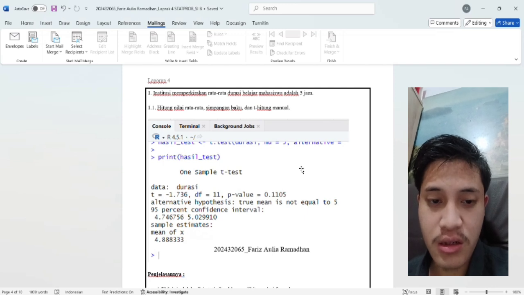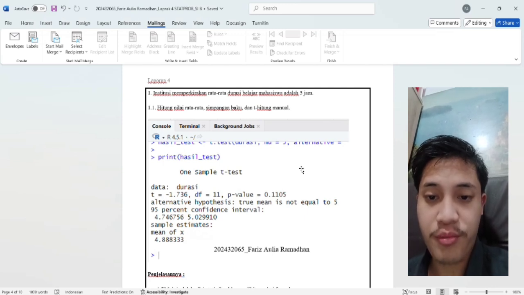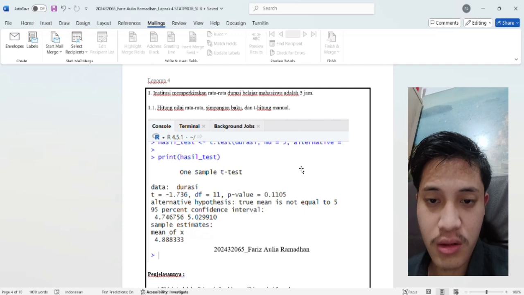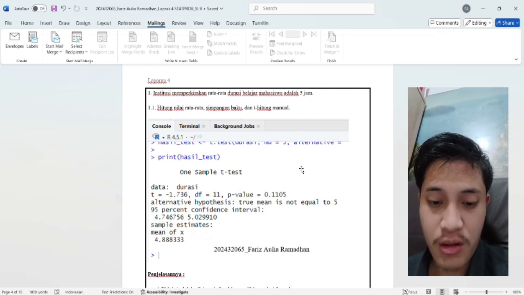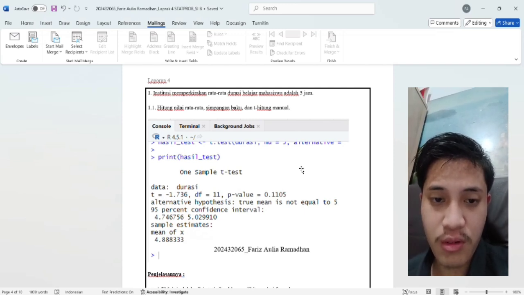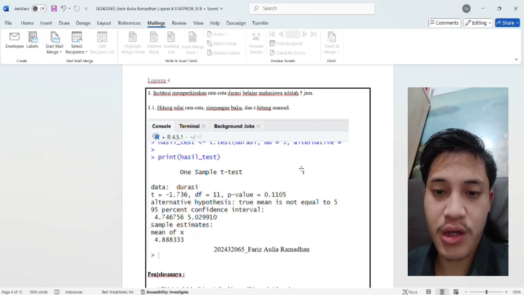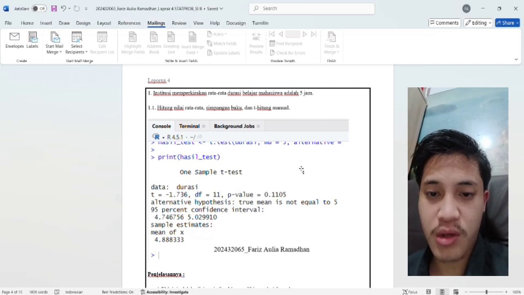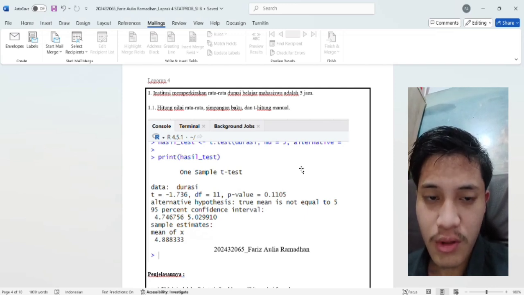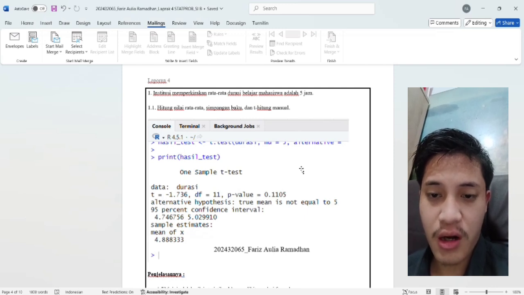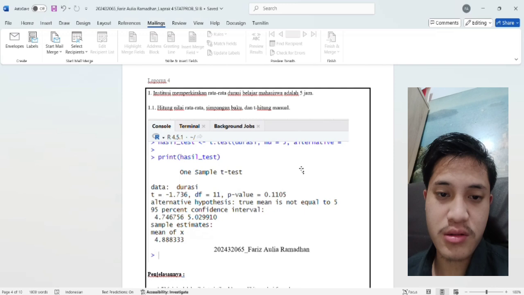P-value equals 0.1105. This is the probability of obtaining this result if H0 is true, because p is greater than 0.05, H0 is not rejected.